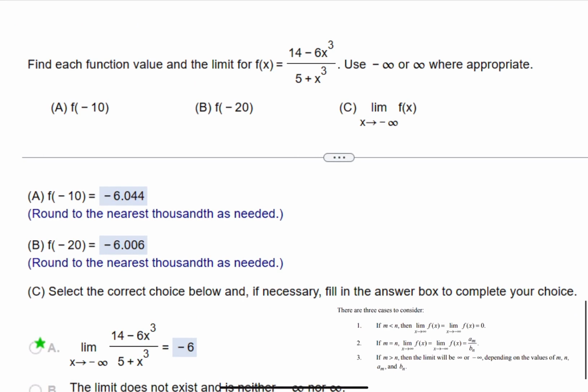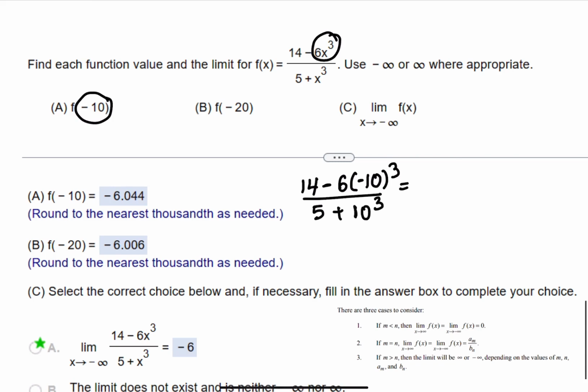Function value, that is very simple. All you have to do is plug in negative 10 into the function. So this is going to be 14 minus 6 times negative 10 cubed over 5 plus 10 cubed, and that would give you negative 6.044, rounding off to the thousandth.